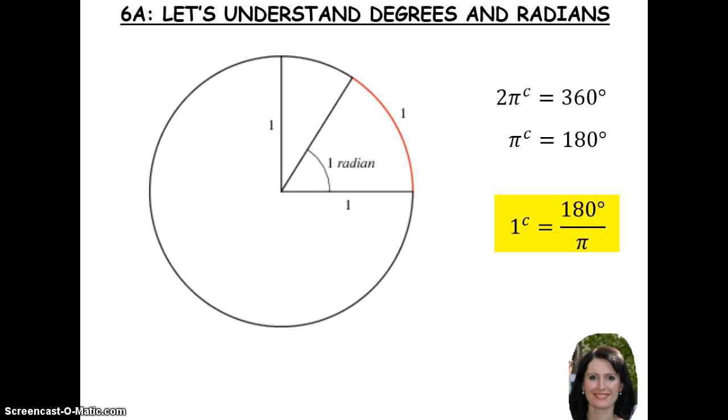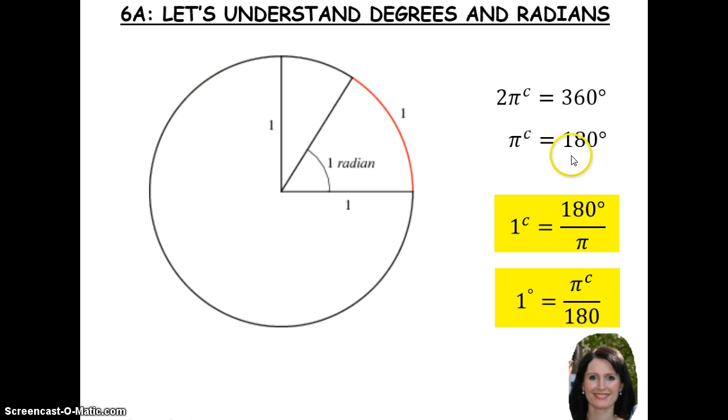So 1 radian is equal to 180 degrees divided by pi. See how that works? I've just divided both sides by pi to get 1 radian on its own. Remember that this is 1 pi radian, not just pi radian. There's a 1 in front of it. So that's how we get that. 1 degree is therefore going to be pi radians on 180.